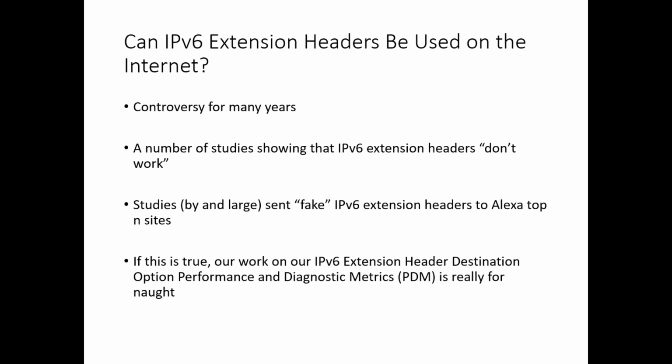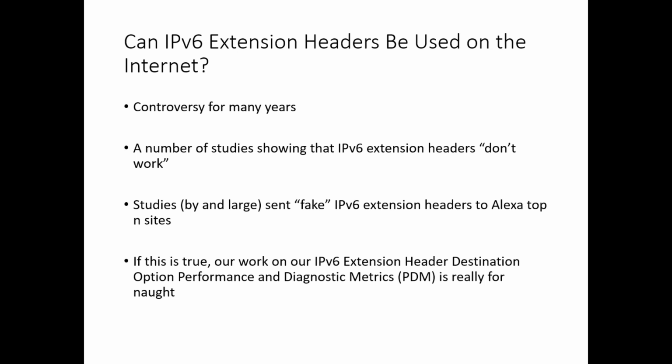It has to do with the methodology they used. By and large, there were some variations, they sent made up extension headers to the Alexa top 1 million, 1,000, whatever. It really doesn't matter.